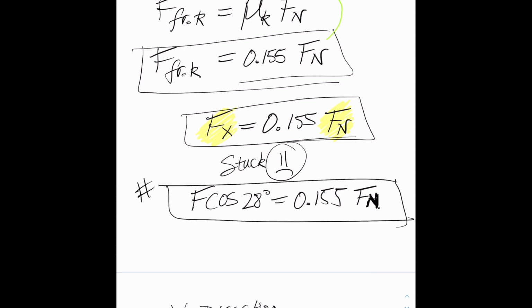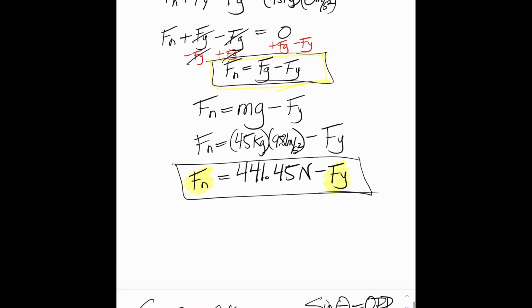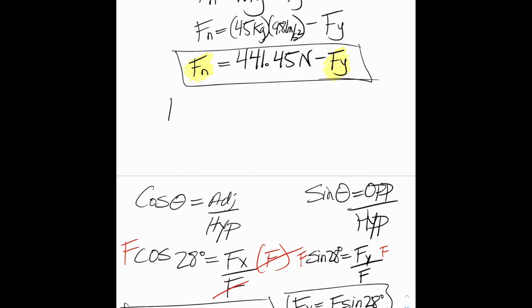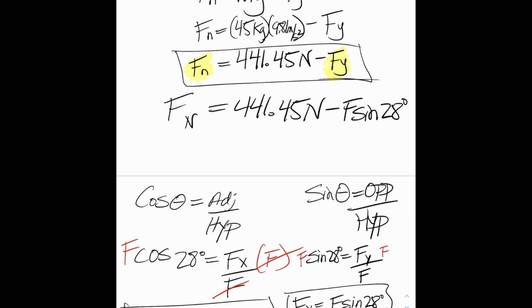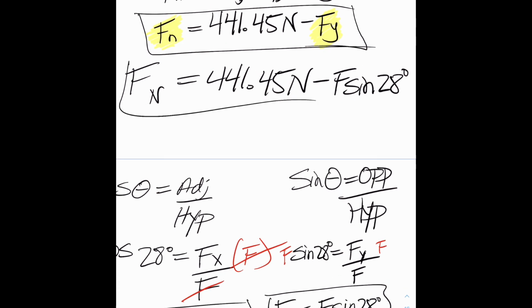I'll just write number 1. And my second equation then is right here. Oh, looks like I'm going in between uppercase and lowercase n. That's all right, you guys can handle it. And this is going to be F sine 28 degrees. All right, so this is doable now. We got these two equations. This is equation number 2 right here.